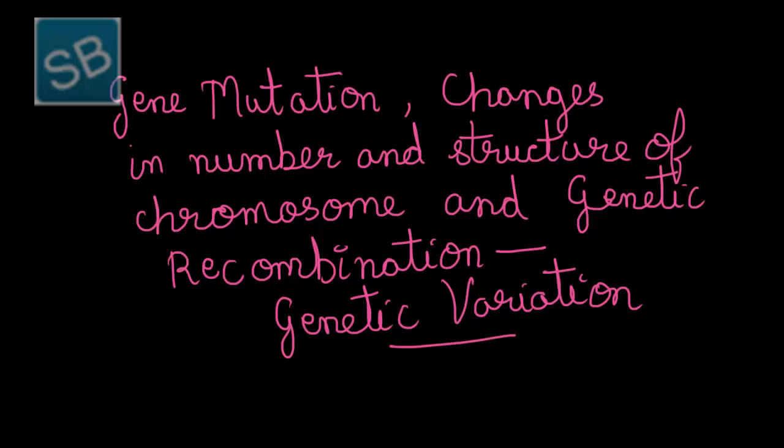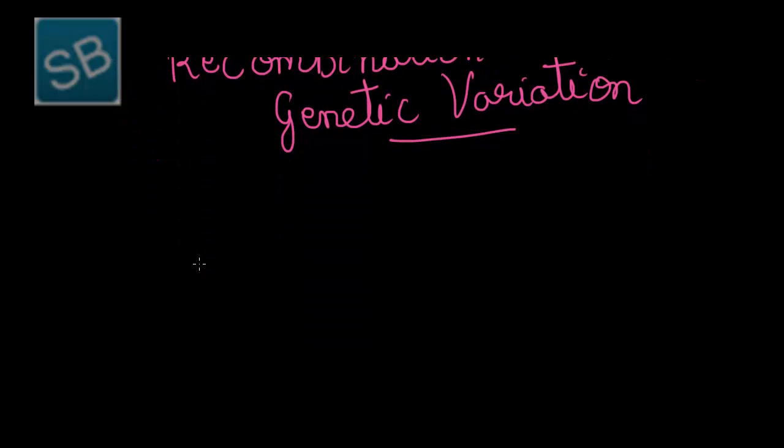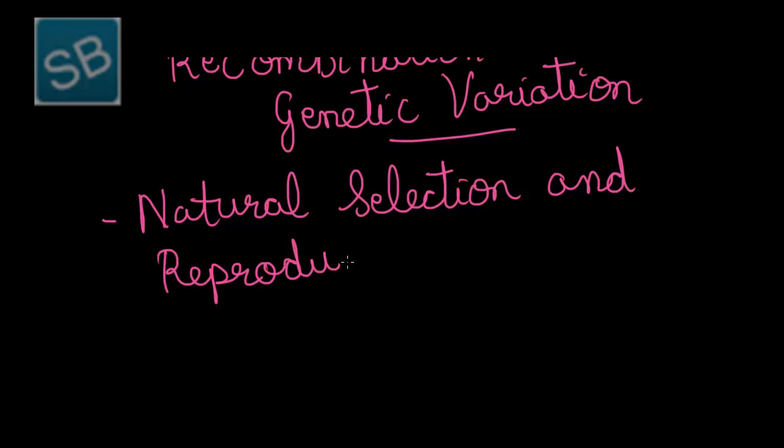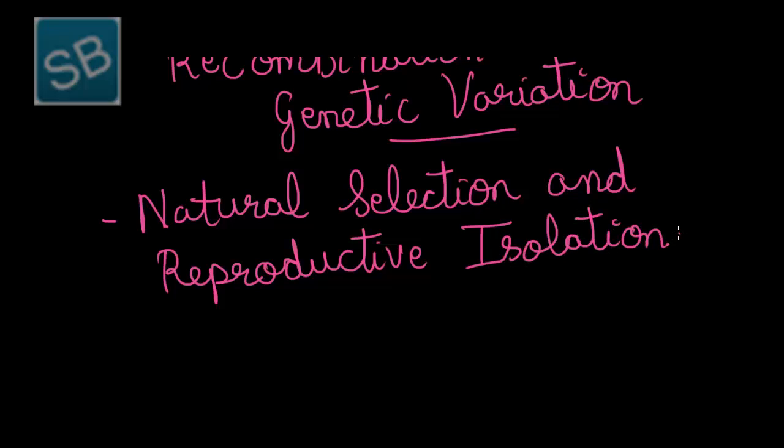That is, these three factors are responsible for the creation of genetic variation among individuals. And the remaining two factors, that is, natural selection and reproductive isolation, are the factors of the modern concept to explain the evolutionary process.